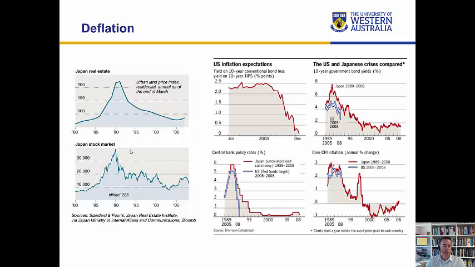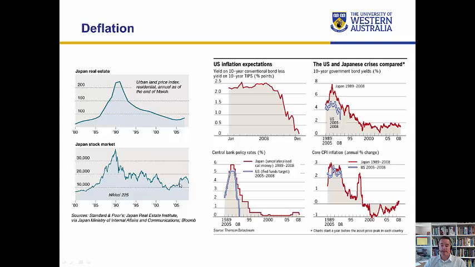And the stock market as well fell from the peak of about 40,000 in terms of the Nikkei, and at the end of this graph in around 2008, prices were a little bit more than a quarter of the peak of about 40,000.